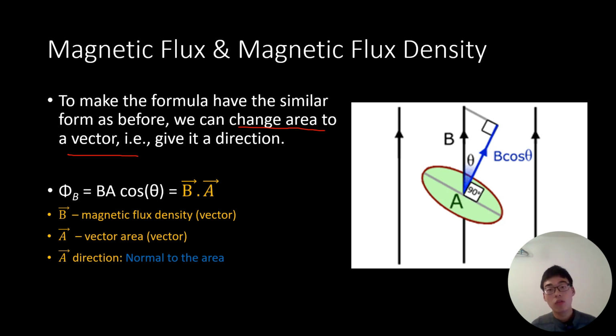For example, for this area, we choose upward as the positive direction. And then we can have a vector dot product form as well, which connects back to what we have learned in the last session.